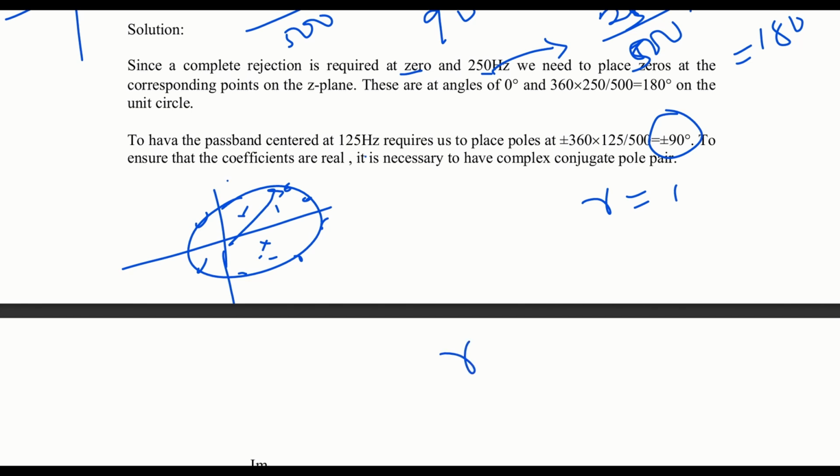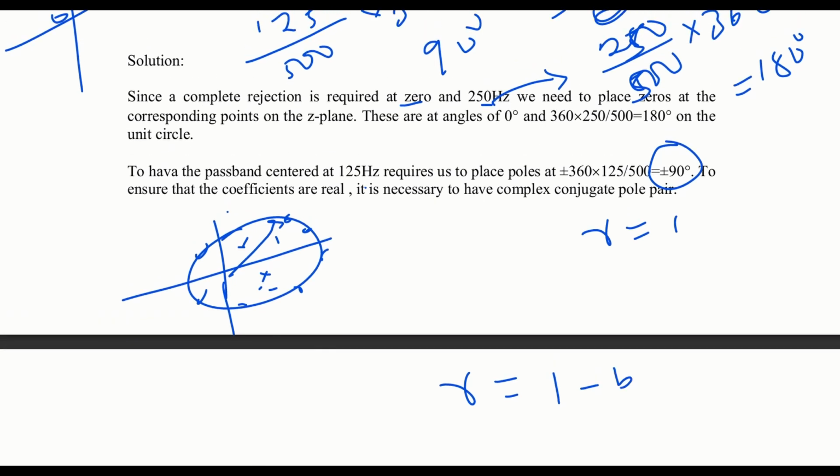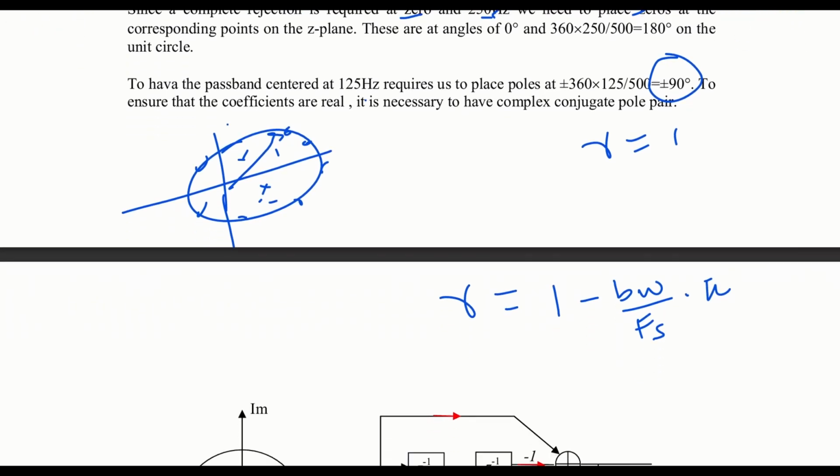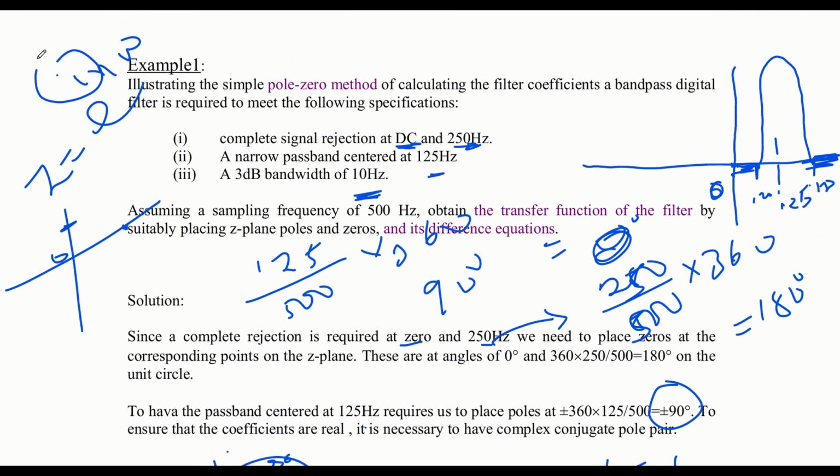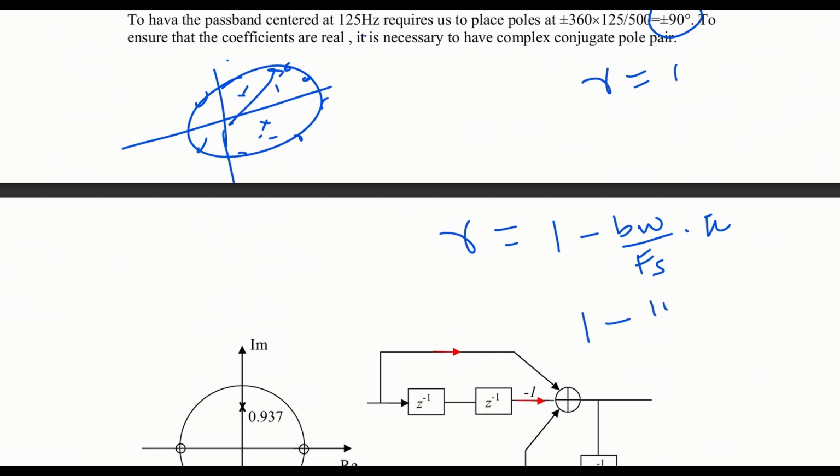So the radius of the pole is given as 1 minus the bandwidth of the signal over the sampling frequency times pi. So 1 minus, what was the bandwidth of the signal? You were told that the bandwidth is 10 hertz. So 10 over, what was the sampling frequency?